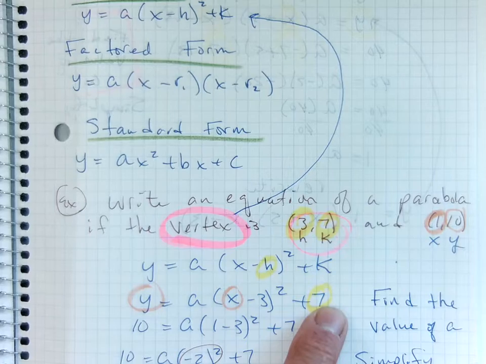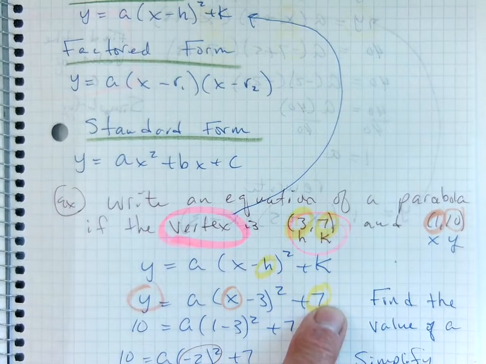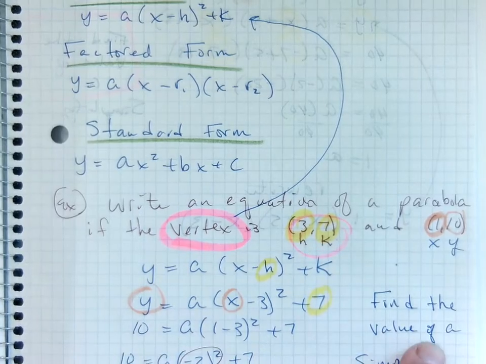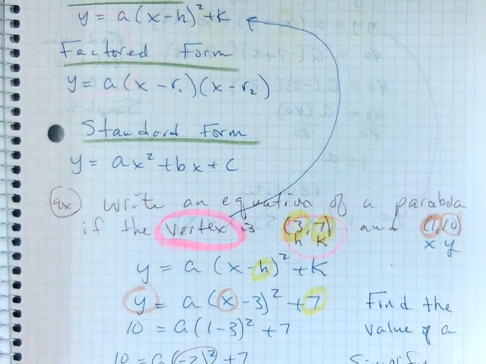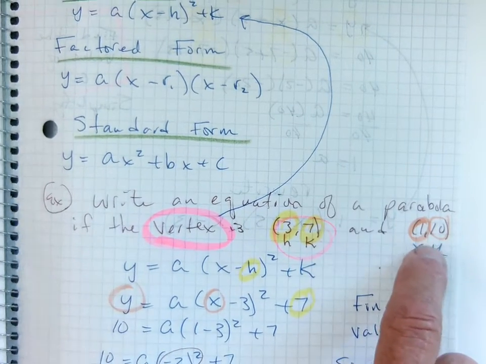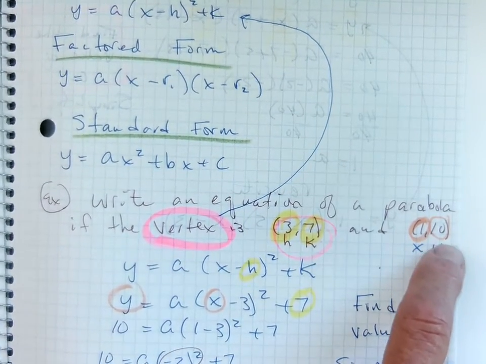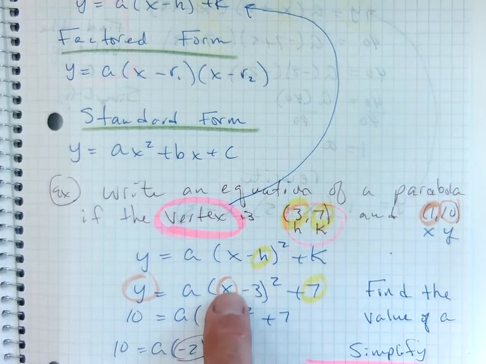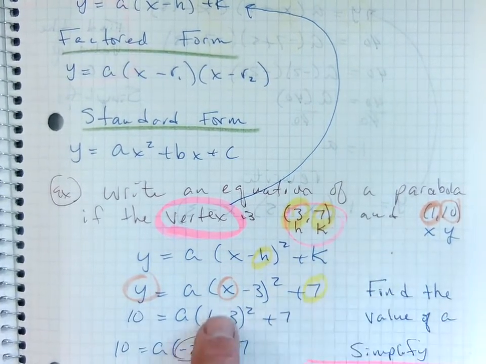All right? So from there, I have part of it, but I also need to find the value of a. To find the value of a, I need more information. Fortunately, I have a point. It goes through the point 1, 10. So that's an x value and a y value. I plug my 10 in for y and my 1 in for x.